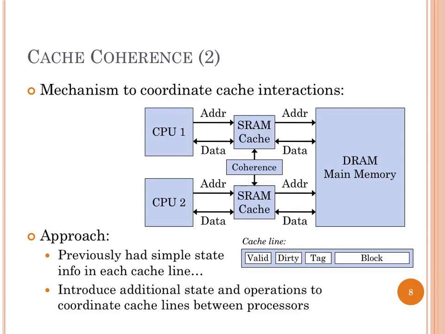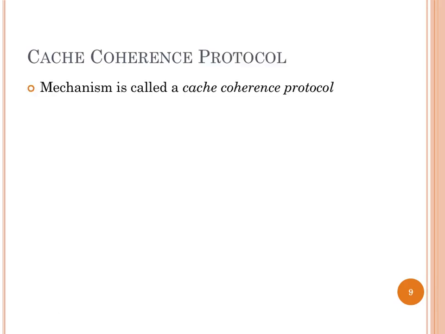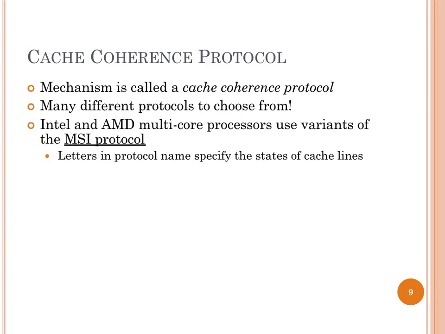And we'll add additional state values, and we'll add some additional operations that caches can perform to build this coherence mechanism. And that's all we really need to do to make this work. Okay? So that process, if you will, a state machine and the additional information and so forth, is called a cache coherence protocol. And there's a lot of protocols to choose from, but it turns out that most of them are based on this one protocol called MSI.